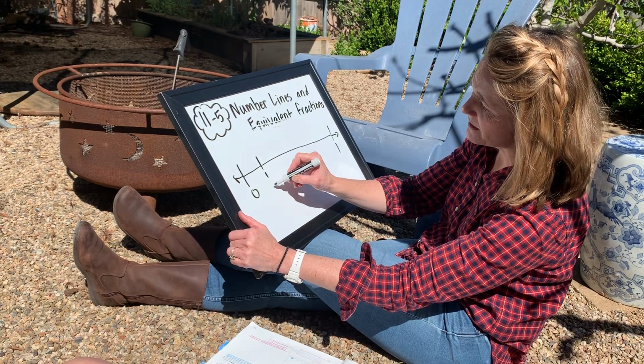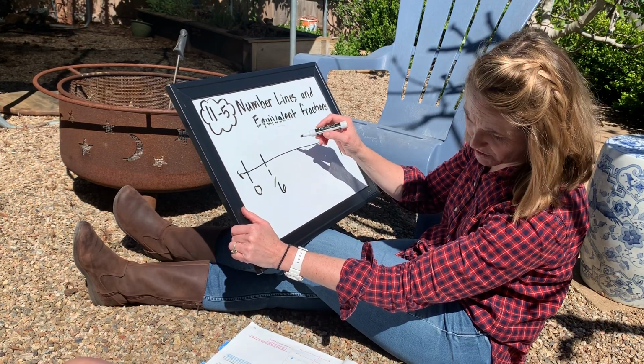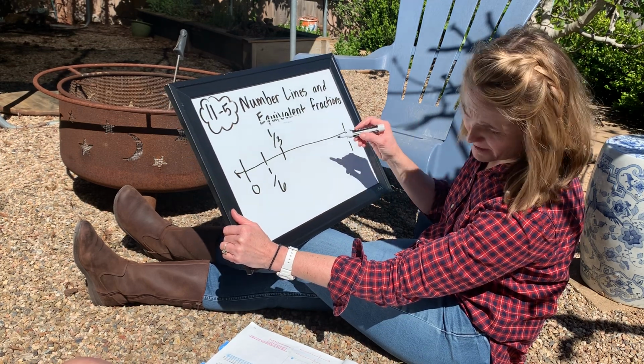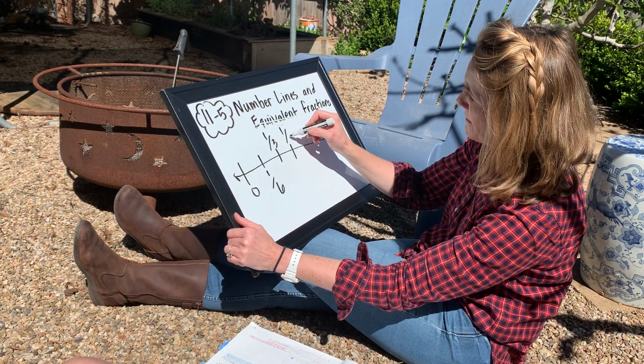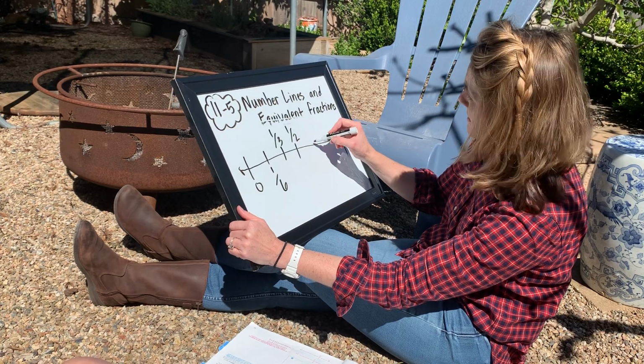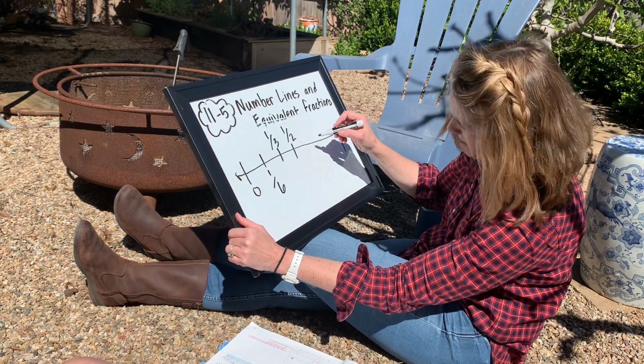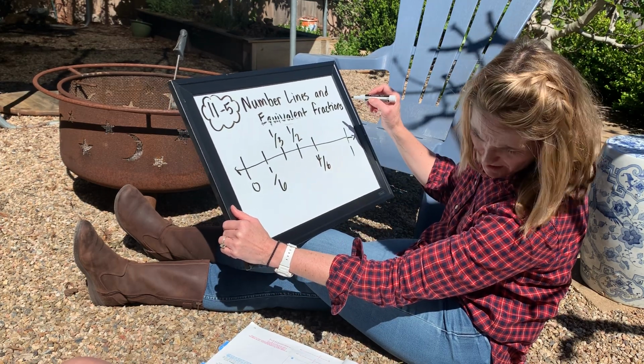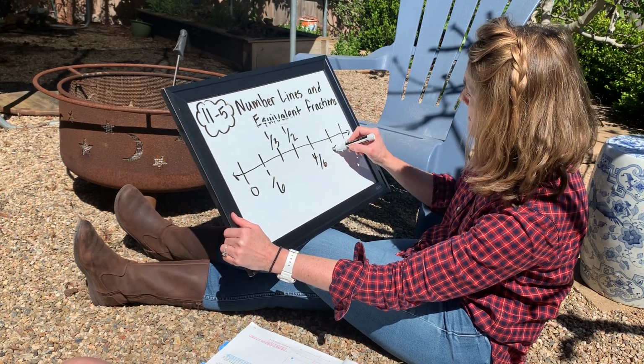They're going to say this is 1/6. Then they're going to change it up. They're going to say this is 1/3. They're going to say this is 1/2. And this is going to be 4/6. And 5/6.